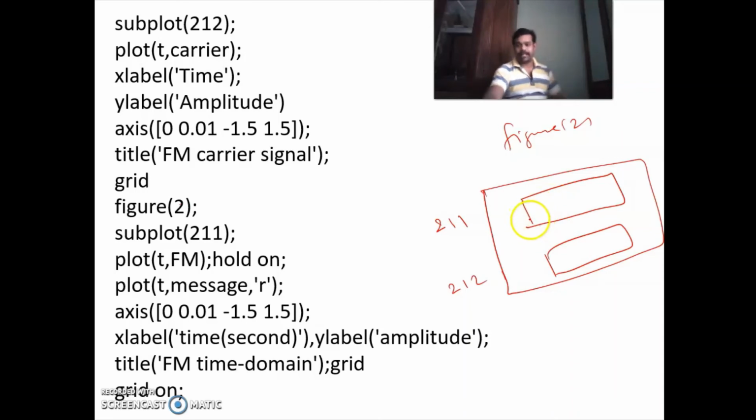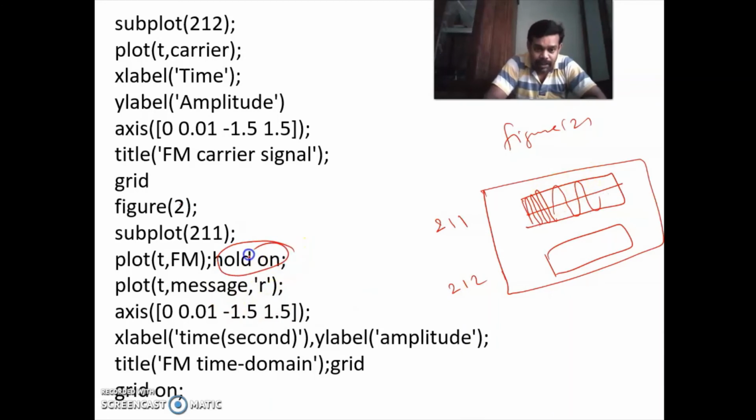The modulated signal of your FM, in some places it will have more frequency, in some places less frequency. That is a frequency modulated signal. So by using hold on, you are drawing the second plot, plot t comma message, and the message is also plotted over this diagram.